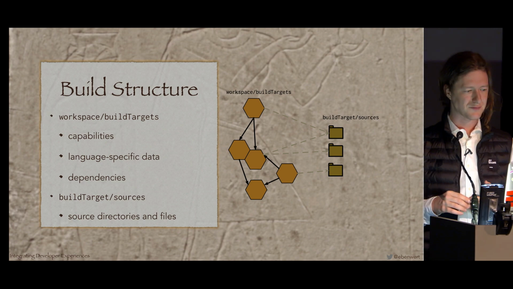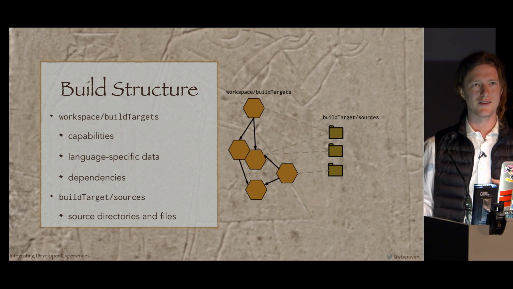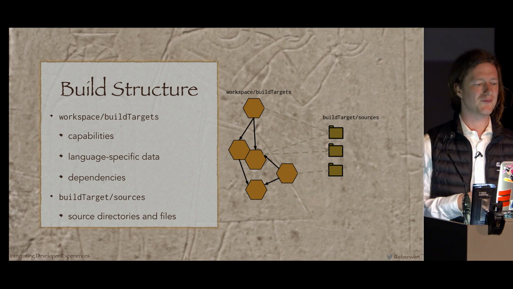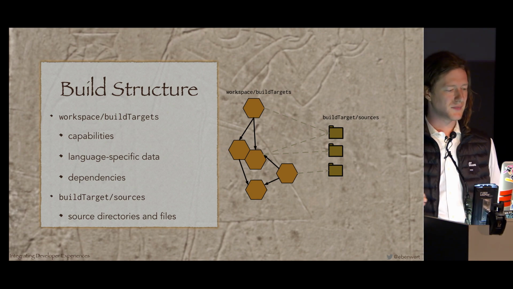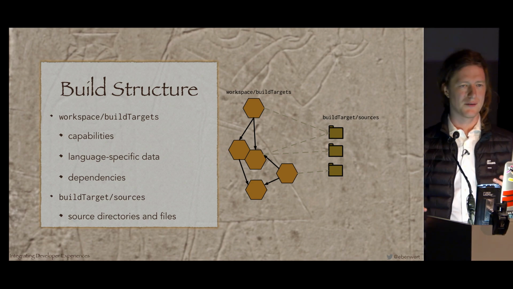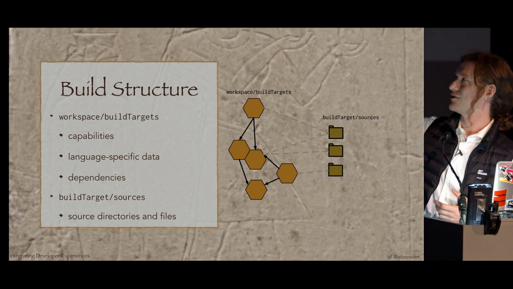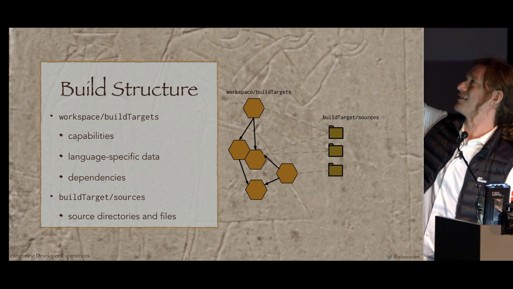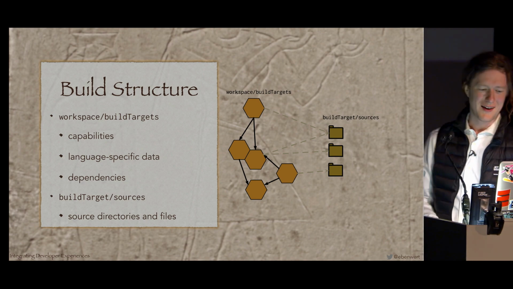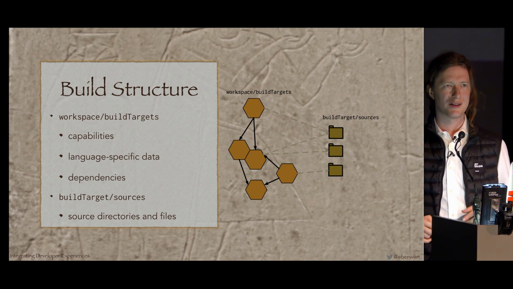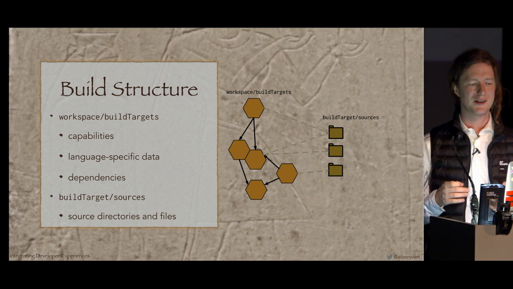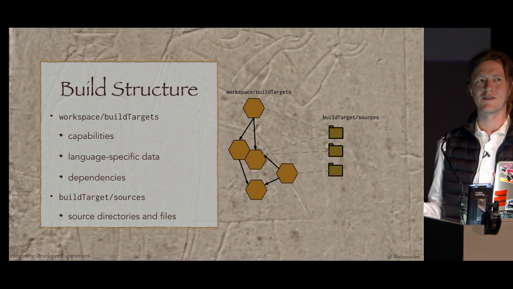And some language-specific data such as the Scala SDK to use, and a bunch of dependencies. So one target can depend on a bunch of other targets. So that's these hexagons and arrows here. And each target may be associated with a number of sources.